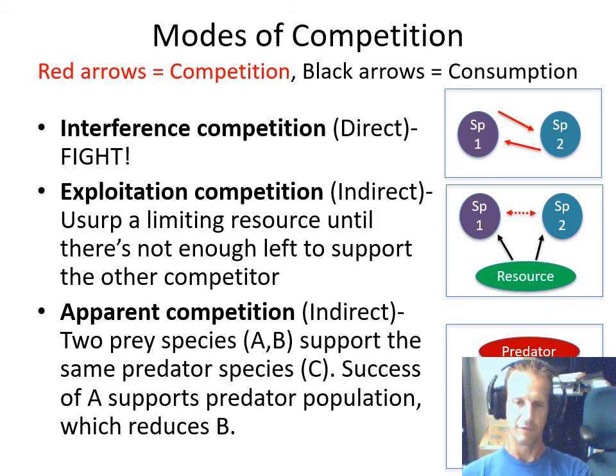So if one of the prey species is doing well, it'll end up hurting the other indirectly by increasing the predator. The end result is that one species doing well decreases the other species, but it's not through direct interference or exploitation of resources. It's because of increasing the mutual predator of both species.